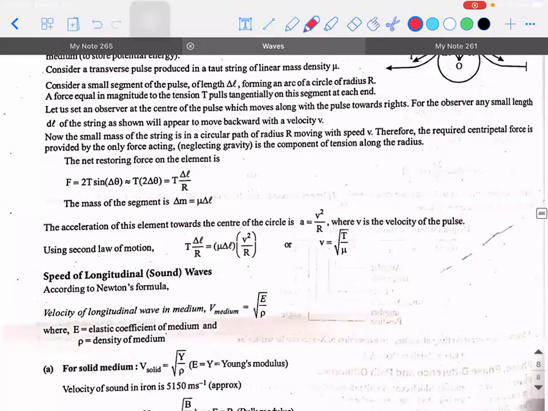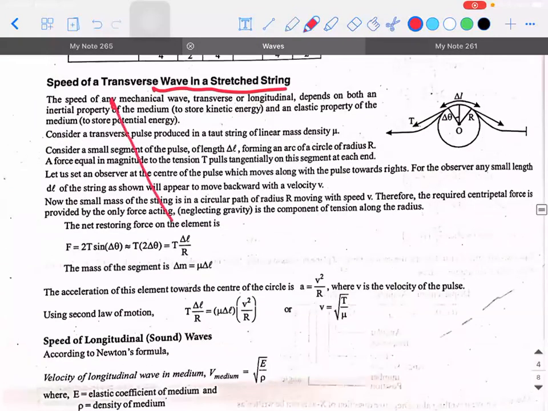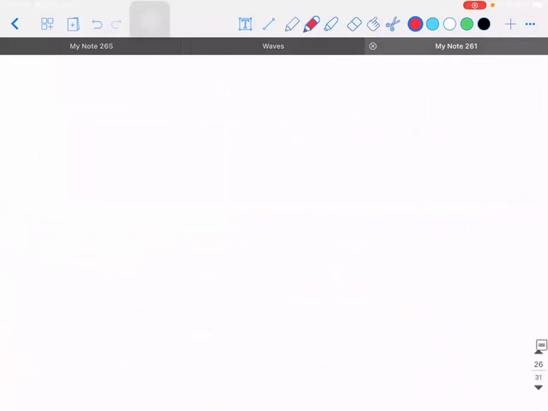Okay. So I'm not explaining all these points because they are not from the CBSE perspective. Listen to this carefully. So whenever you want to calculate the speed of a sound wave or speed of a wave, write down this point.